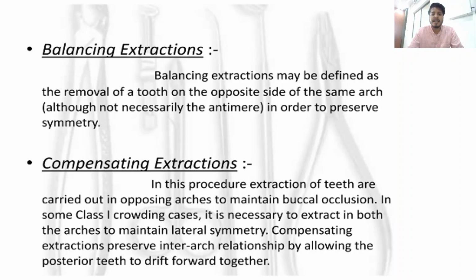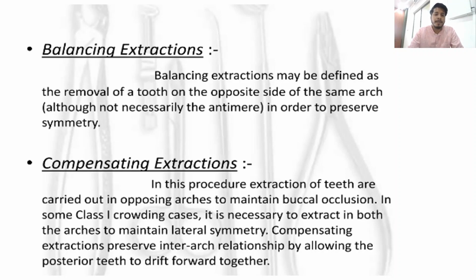If you are extracting one tooth on one side of the arch, you have to extract the other tooth on the opposite side of the same arch, balancing the symmetry of the arch.